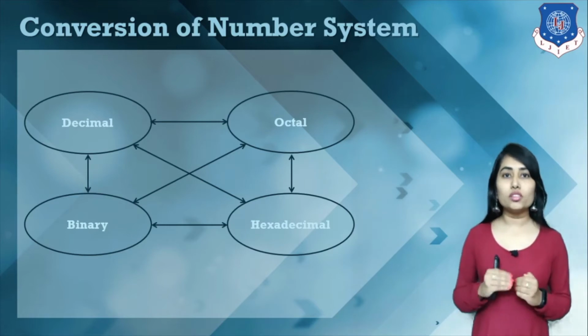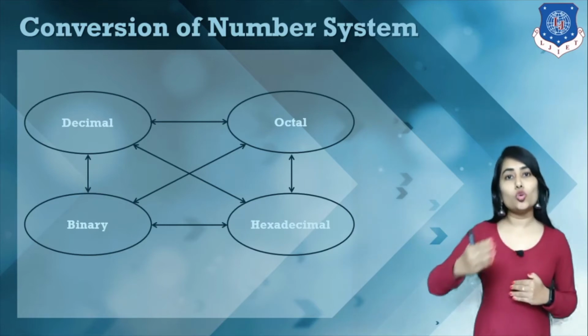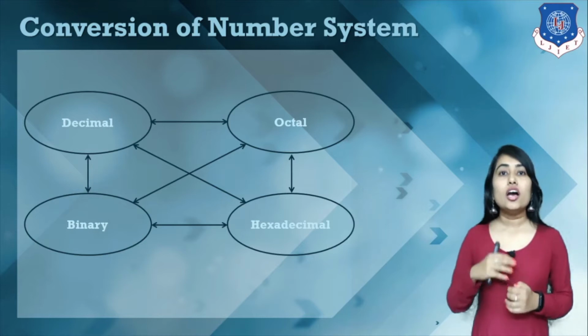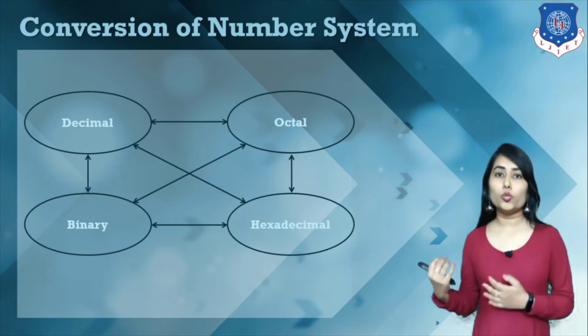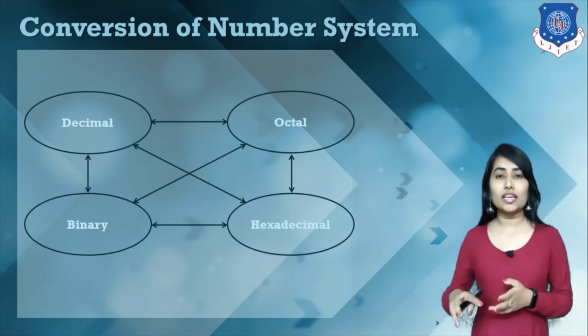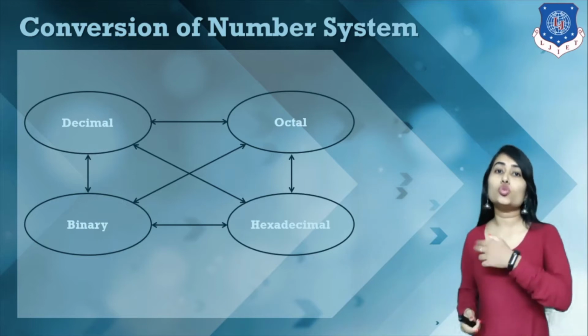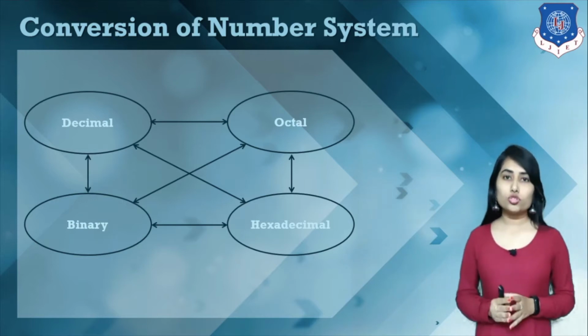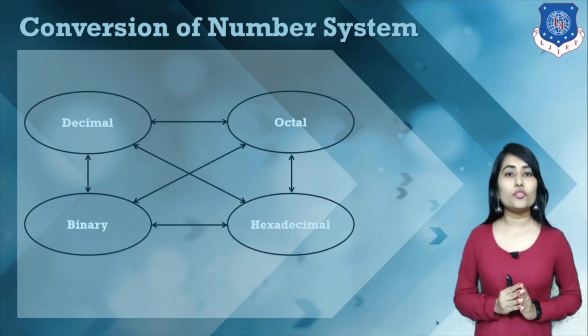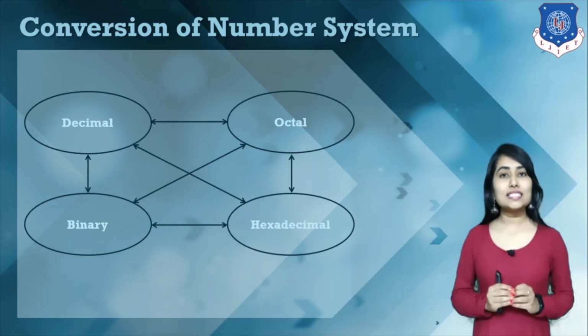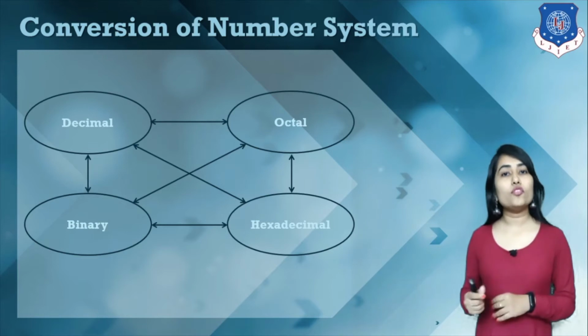So in between there is a conversion from decimal to binary, and after the analysis, to get output in decimal form, there is again a conversion from binary to decimal. So we have to learn about these conversions of number systems.